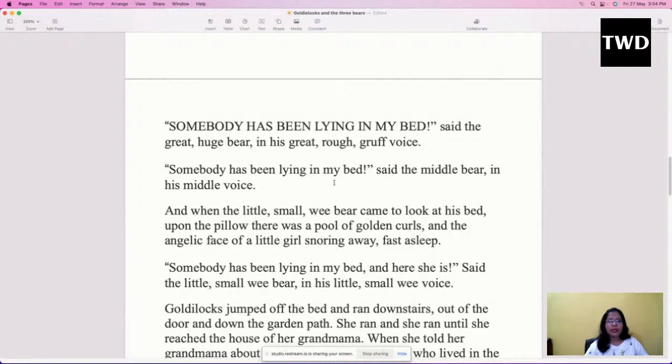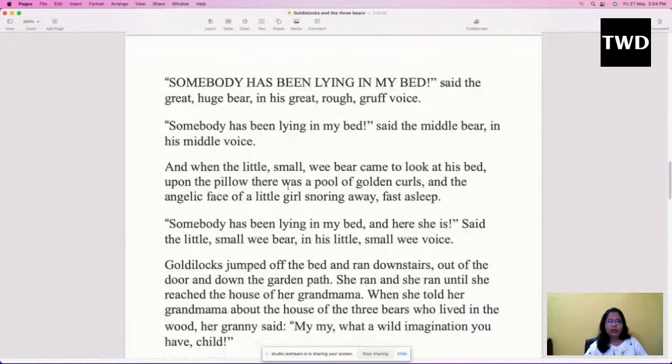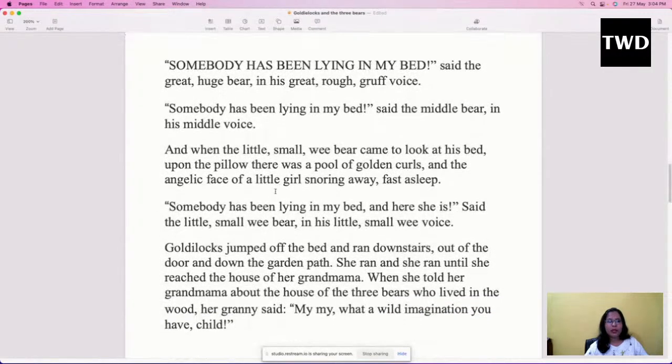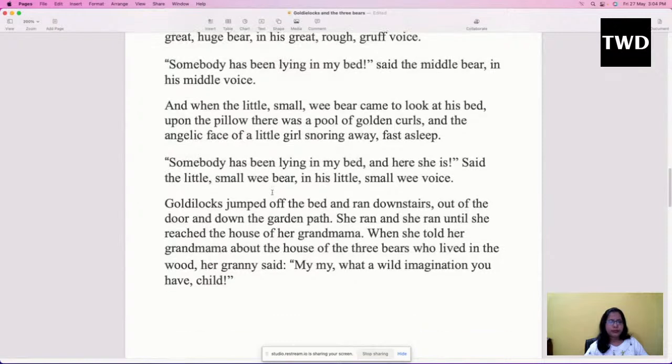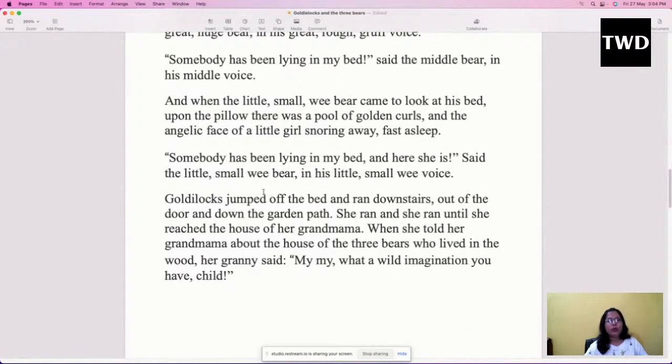"Somebody has been lying in my bed," said the middle bear in his voice. Yes, so the middle bear also said the same thing. And when the little small wee bear came to look at his bed, upon the pillow there was a pool of golden curls and the angelic face of a little girl snoring away, fast asleep.